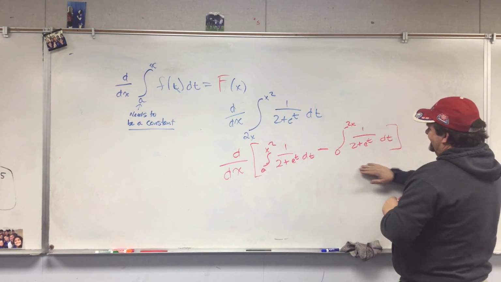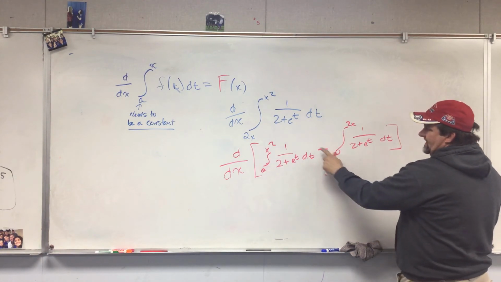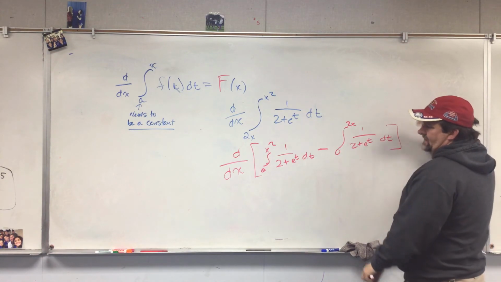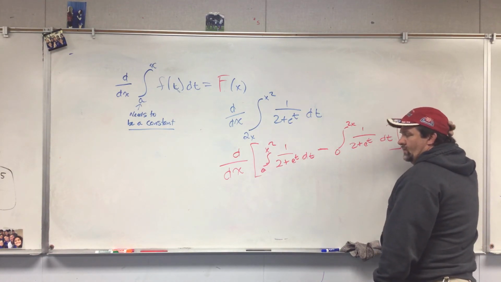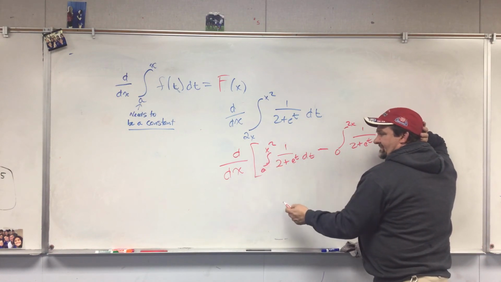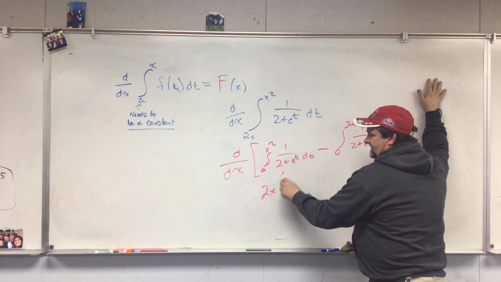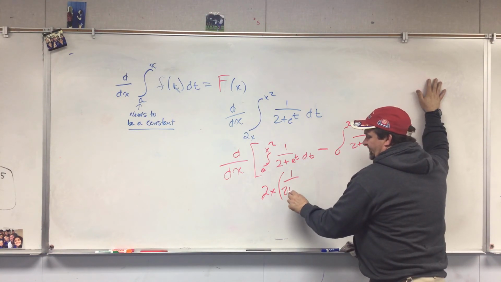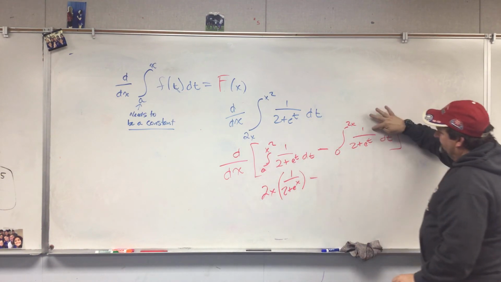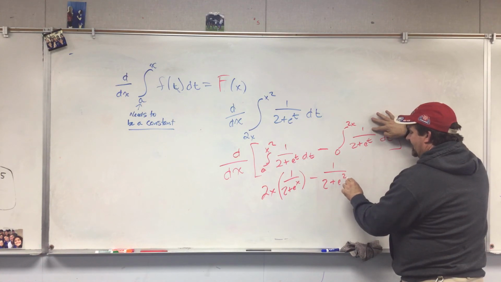If I take this one, and this is a negative because we also flipped, it went from 0 and it flipped up. So now we can do the derivative of this, which is going to be 2x to account for this, times 1 over 2 plus e to the x squared, minus 1 over 2 plus e to the 2x.